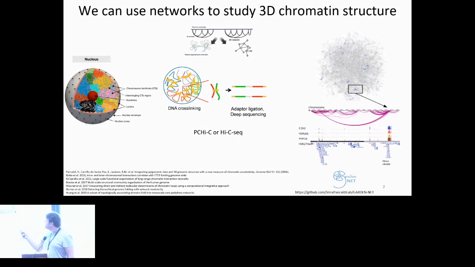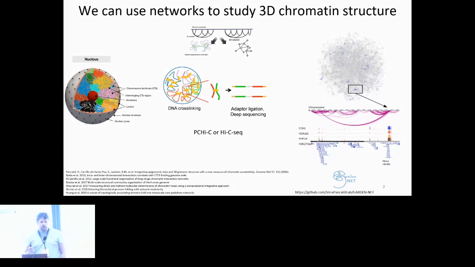Here you have an example that we can do with GardenNet, a software to reconstruct the chromatin structure. Here you have the chromosome. We map the reads on the human genome, and we can reconstruct the 3D chromatin structure.